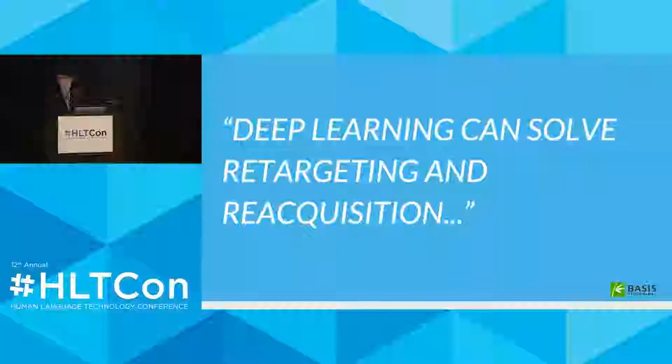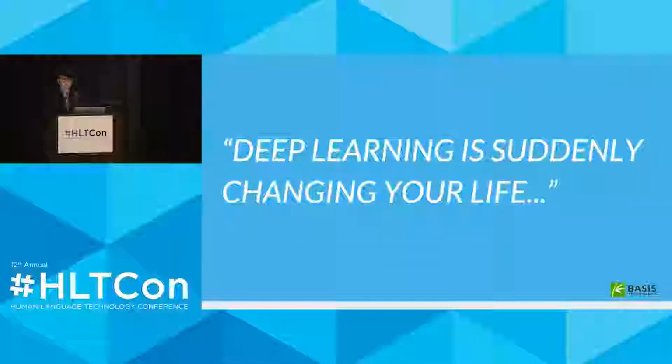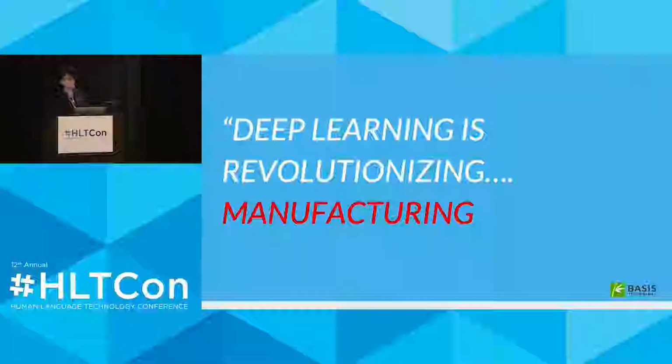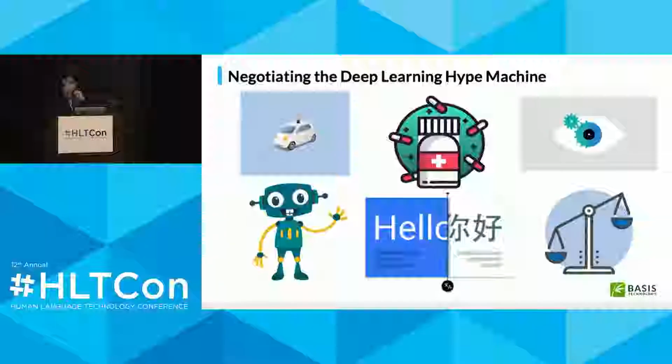And if we believed all of these headlines, we might think that deep learning can, for example, solve retargeting and reacquisition, cure cancer, suddenly change your life, and revolutionize everything from manufacturing, insurance, healthcare, and agriculture.